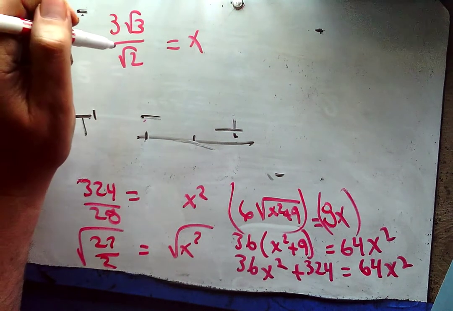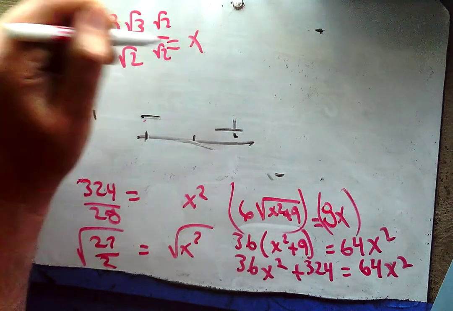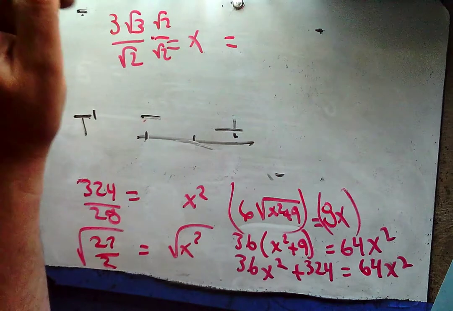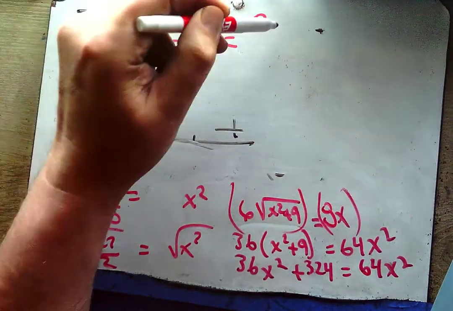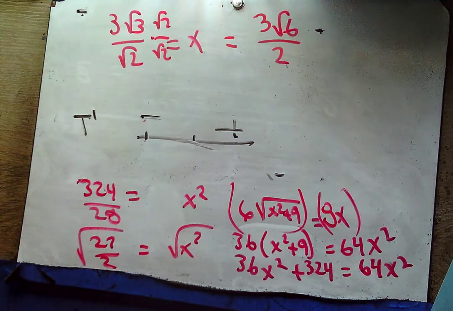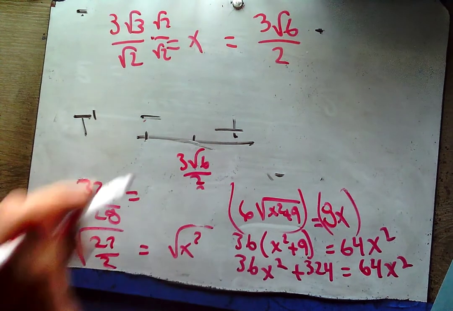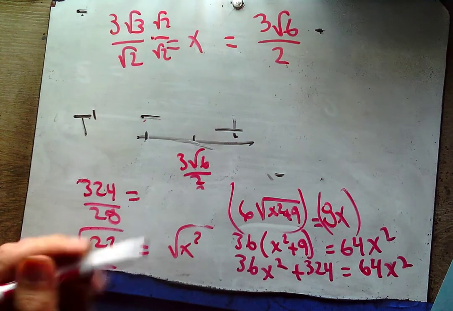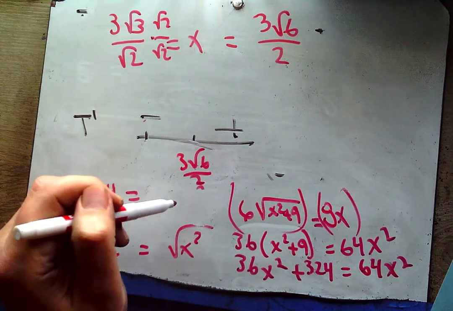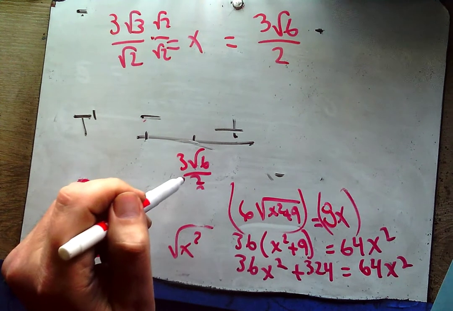So this, if I rationalize, is going to be 3 root 6 over 2. Okay, and when I put 3 root 6 over 2 on my t prime sign chart, I do in fact get the same signs. All right, so this is how far he has to run down the beach.